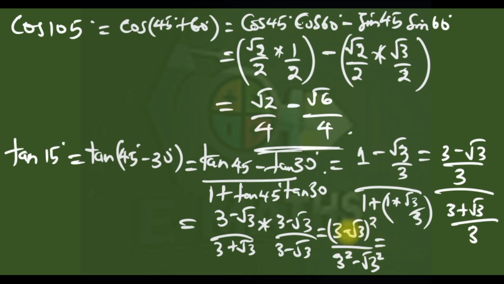Expanding, 3 squared is 9, root 3 squared is 3, 9 plus 3 is 12, minus 2 times 3 is 6, so 6 root 3, over 9 minus 3 is 6. So our final answer is 2 minus root 3.